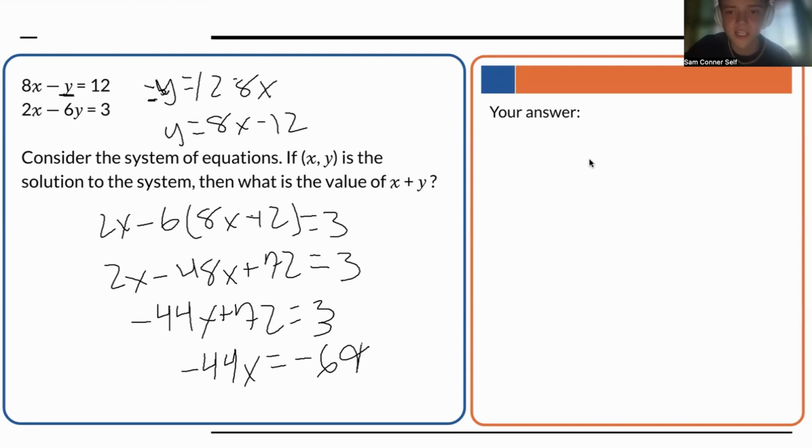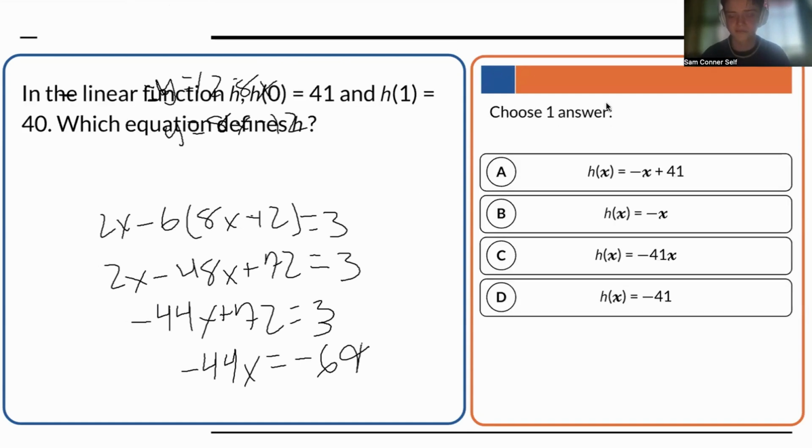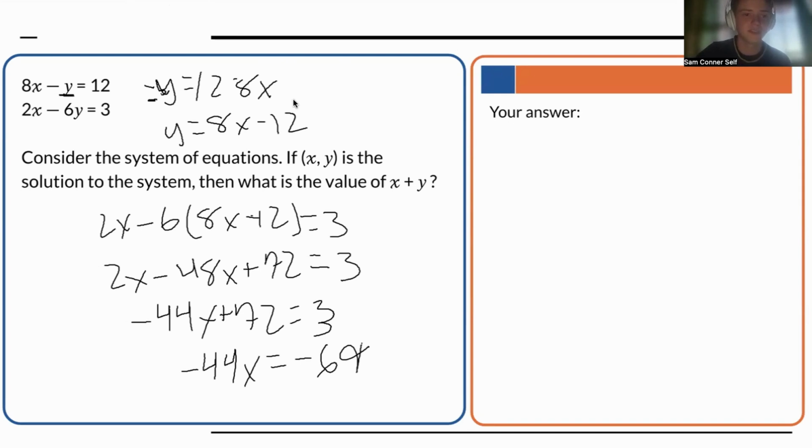What did we say in the chat? 6 and 1.5. Remember, this is for the value of x plus y. For the answers, we have 1.5, and we also have 6.